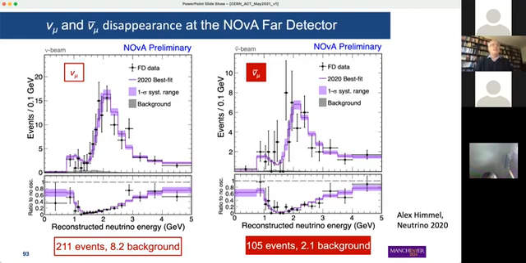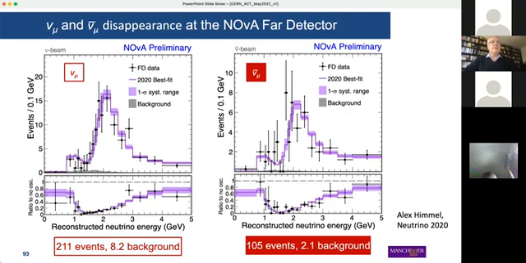Okay. Now, what's the bottom line? Of course, what we want to measure is what happens to the muon neutrino beam in these experiments. How many of the muon neutrinos we started out with actually disappeared, and how many electron neutrinos appeared. So this is the muon neutrino spectrum at the far detector measured by NOvA for the neutrinos and the anti-neutrinos, left and right.